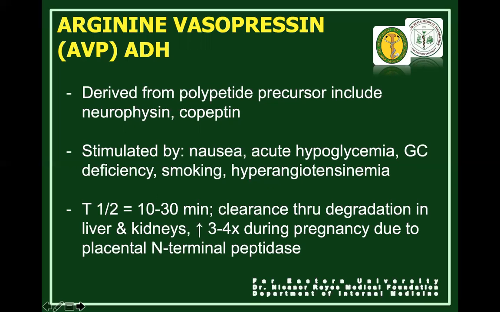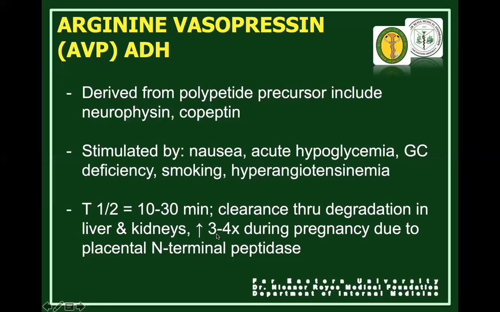Its half-life is very short, around 10 to 30 minutes. And this is very important because if you have too much antidiuretic hormone, then you can have too much retention of fluid. Its clearance, though, is through degradation in the liver and your kidney. So if you have problems here, then you can have problems with the clearance.